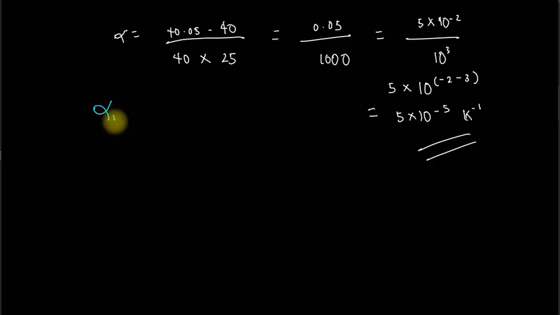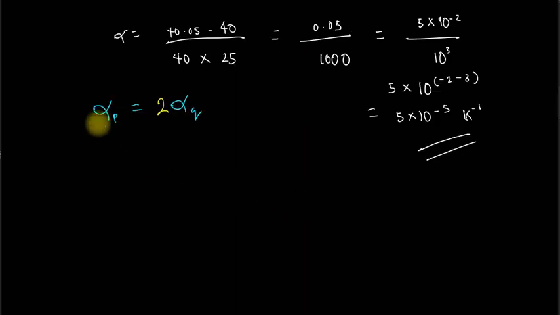So the linear expansivity of P is equal to 2 times the linear expansivity of Q. That's what the question stated. Let's read it again. The linear expansivity of a metal P is twice that of another metal Q. So it's 2 times the linear expansivity of Q, which you just wrote there.